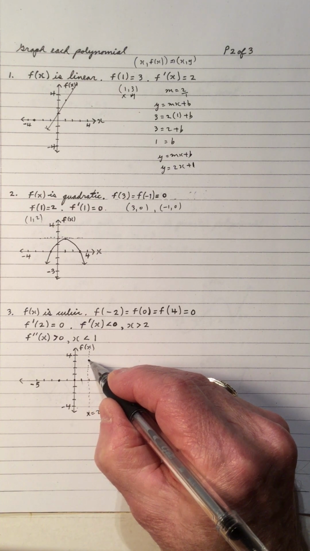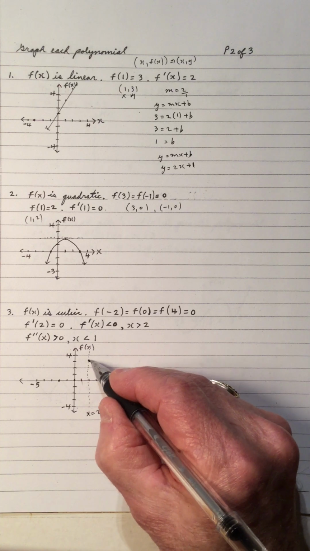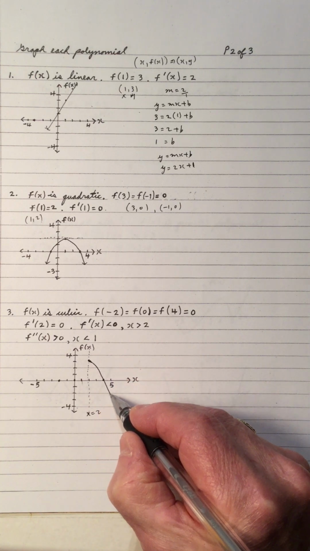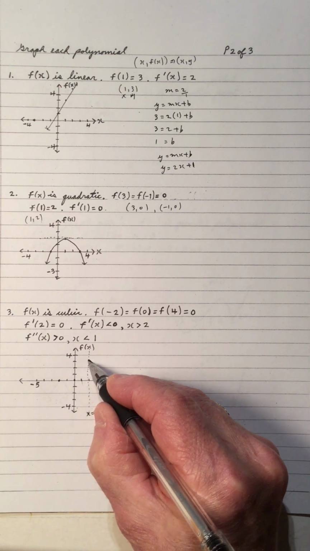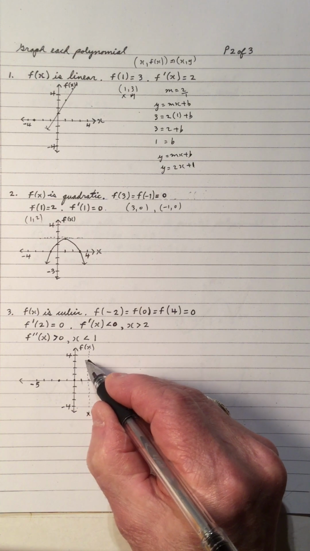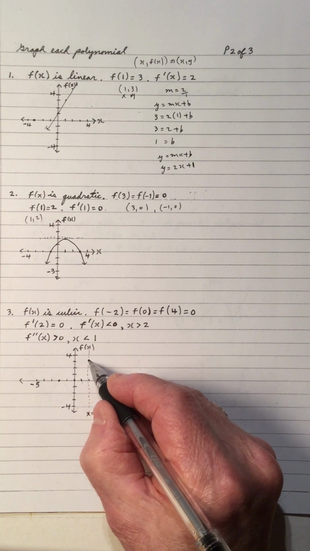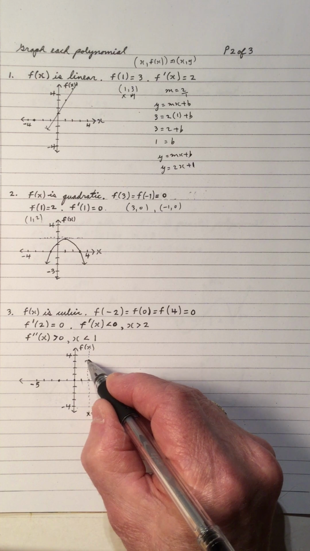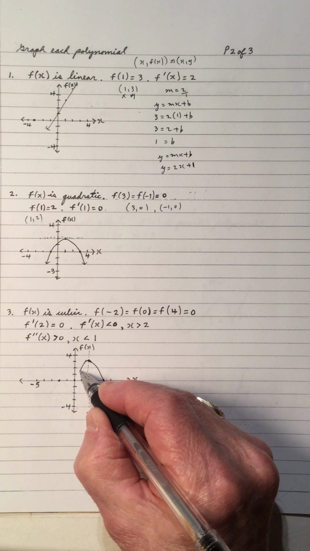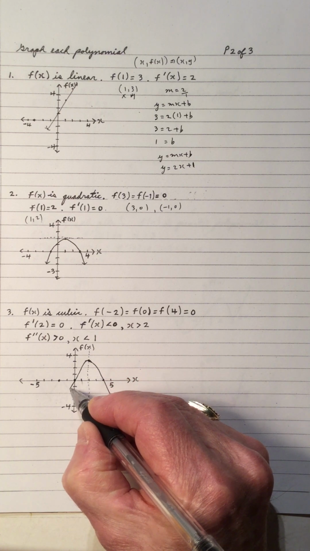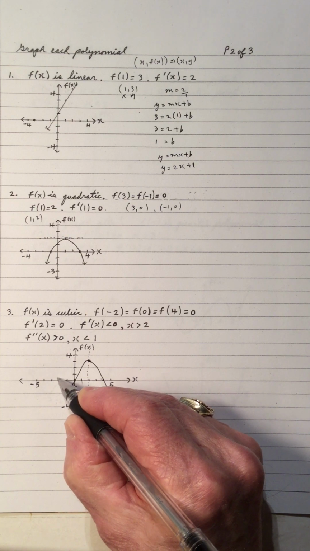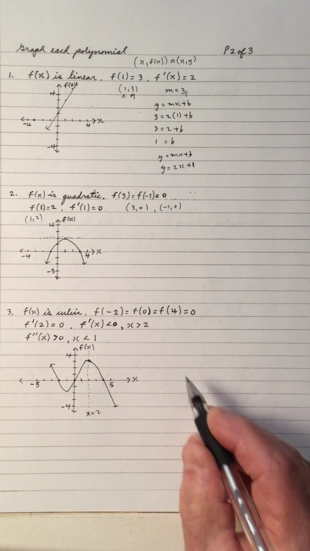It's leaving there with a negative derivative, so it's coming down through like this. It must come down through this intercept, and then down here it curls and goes back up.